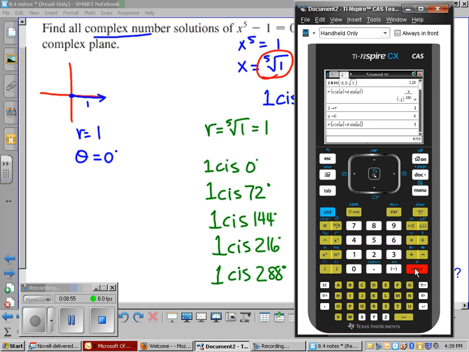My r value is not going to change in this problem, but now to get the next answer, all I have to do is assign the next value, the next angle of 72 to A, and then go up and highlight that expression, and I don't have to retype it. Just press enter and then press enter again.